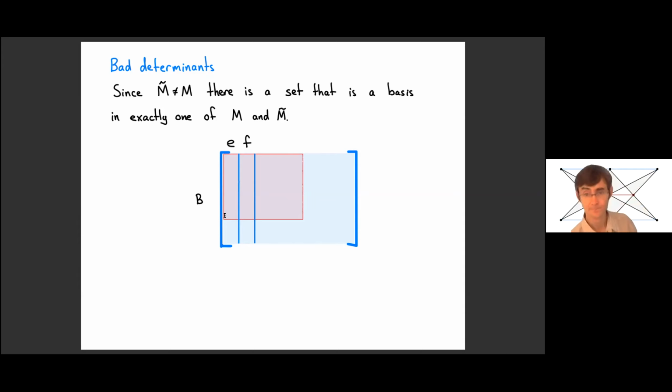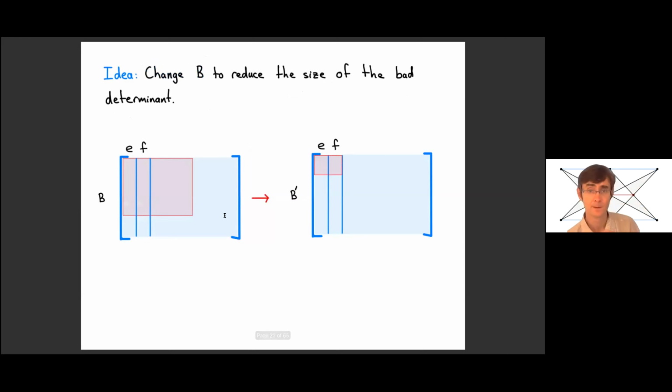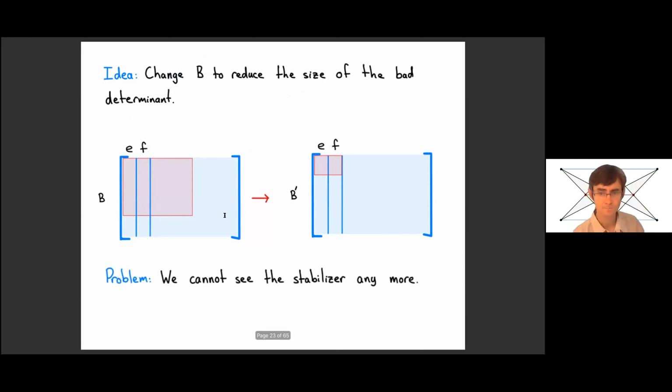Okay. And now you've got this fixed basis, and you want to change that basis to make this subdeterminant small. Ideally 2 by 2 would be great. It can't be smaller than that because your bad determinant has to contain E and F. So we try and change the basis. Unfortunately, when you do that, you don't see the stabilizer anymore.